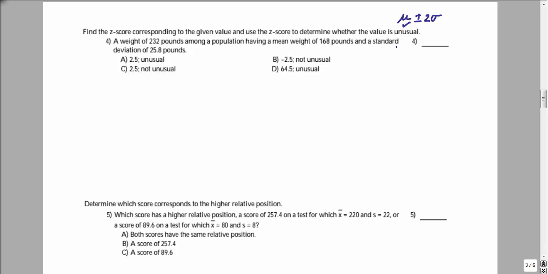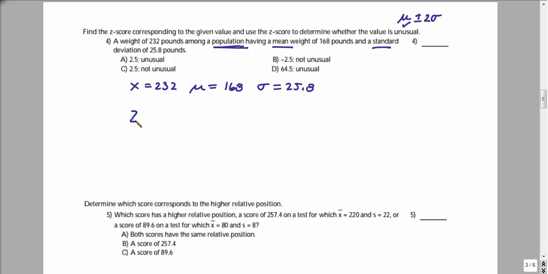So mean plus or minus 2 sigma. It says a weight of 232 pounds. So here's my weight, 232 pounds. I'm on a population having a mean, so it's a population mean. We're talking about mu here of 168, and then sigma, because again it's a population standard deviation, of 25.8 pounds.